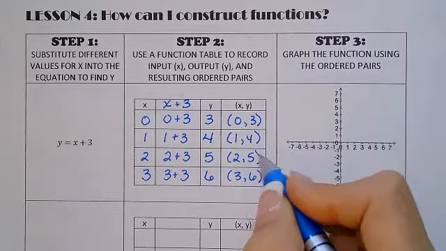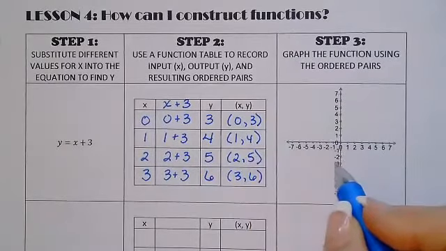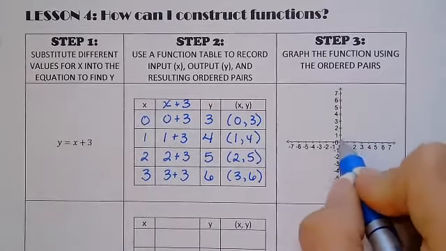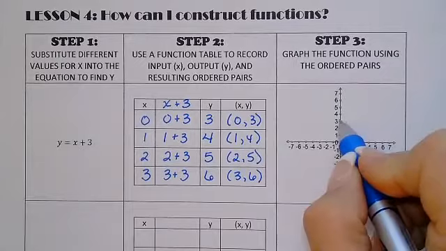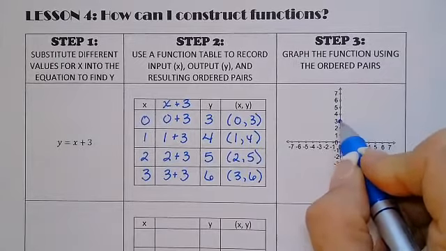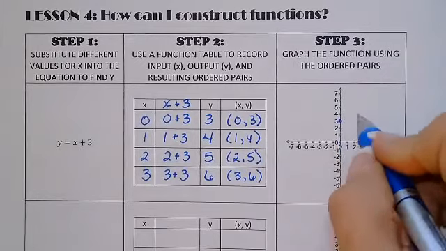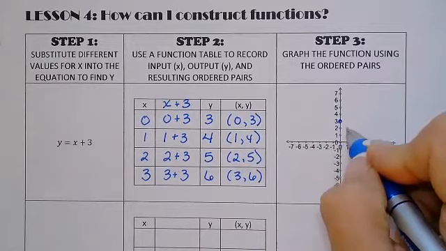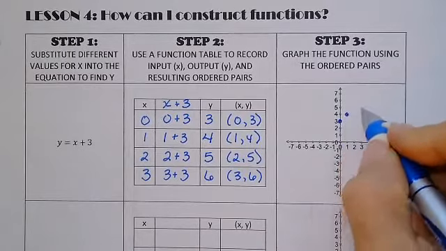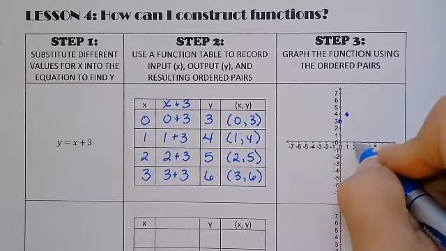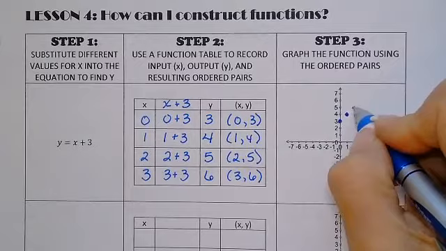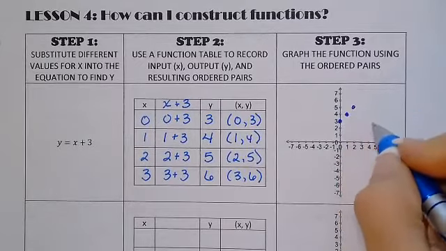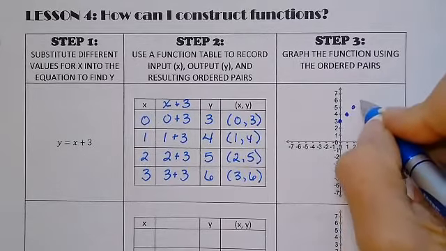All right, now that we have our ordered pairs, we're going to graph them. Start with 0, 3, 0 on my x-axis and 3 on my y. 1, 4 over 1, up 4. 2, 5 over 2, up 5. Over 3, up 6.